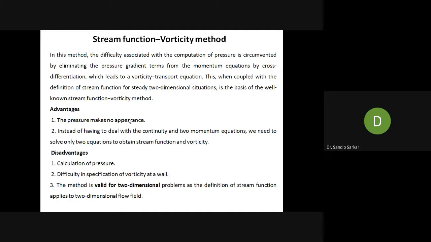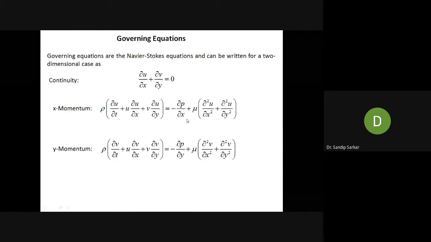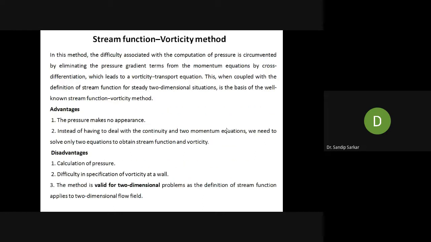But there are certain limitations, because in the stream function vorticity equation, since no special equation for the pressure is available with us, we generally get rid of the pressure term. Basically we get rid of the del P del X or del P del Y term from the momentum equation by doing some special kind of differentiation, and accordingly we obtain an equation which we generally call the vorticity transport equation.